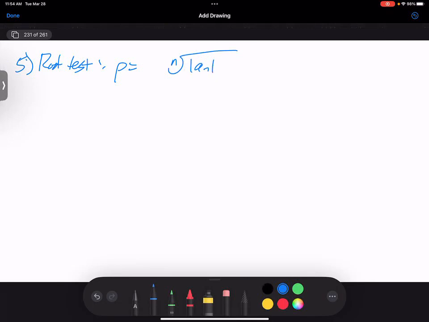I forgot to write the limit as n goes to infinity. If this is less than 1, it converges; equals 1, inconclusive; greater than 1, divergence.